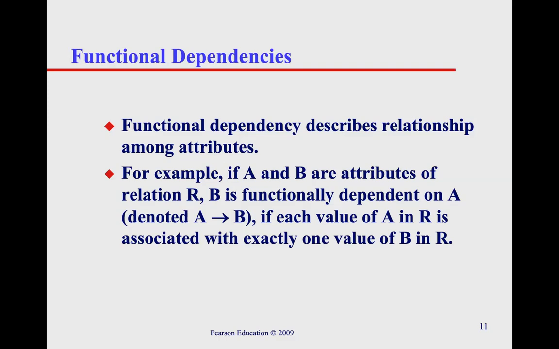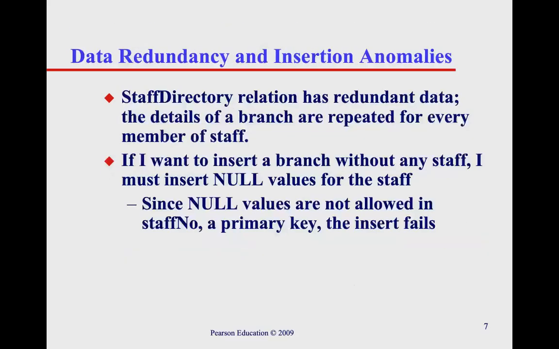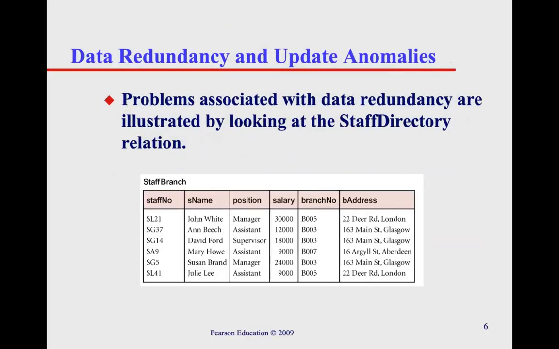And we say that if each instance of A uniquely determines a value of B, then we say that A determines B. And we call this a functional dependency. So if you look back here, you can see that branch number determines the branch address. So that would be a functional dependency.